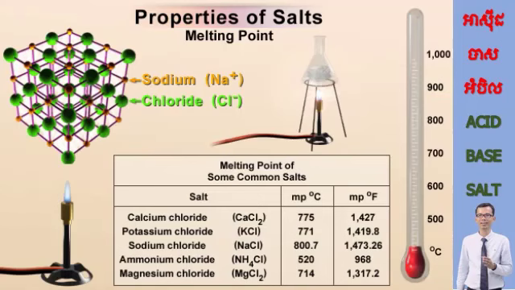At a temperature specific to each salt, the energy from heat is great enough to overcome the strong attractions between the positive and negative ions within a crystal. This temperature is called the melting point. Salts exhibit high melting points because the bonds between positive and negative ions are very strong.